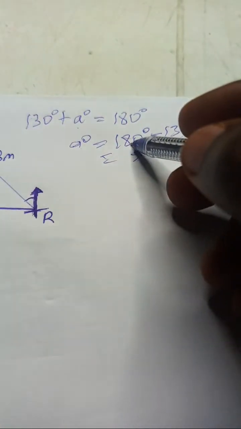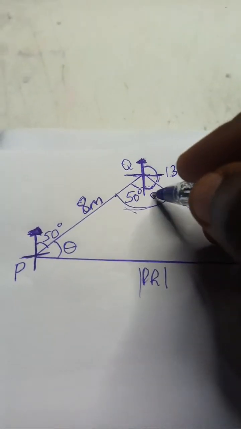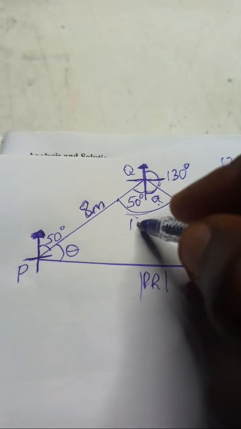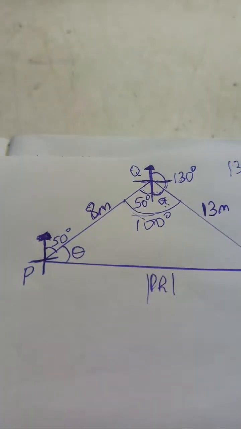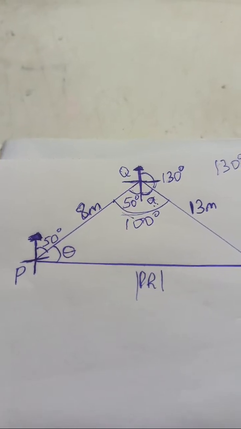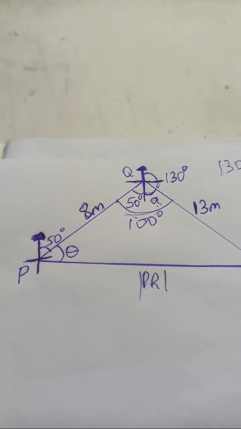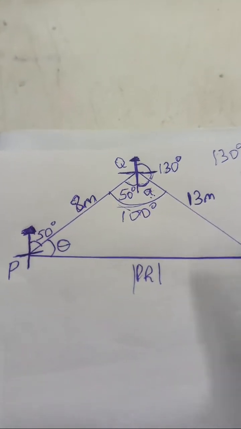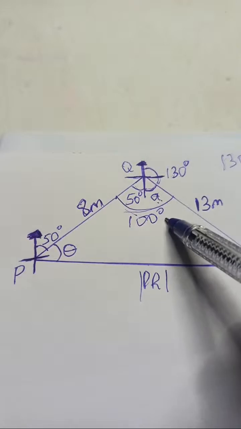When we take this away from 180, that will be 50. So from here to here is also 50. 50 plus 50 gives us 100. So that gives us 100 over there.